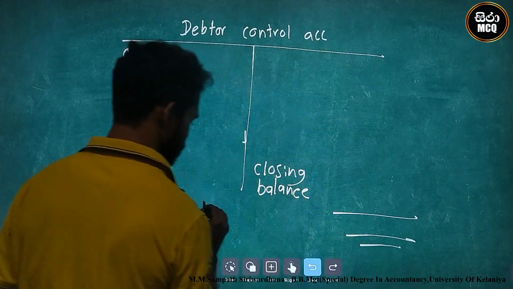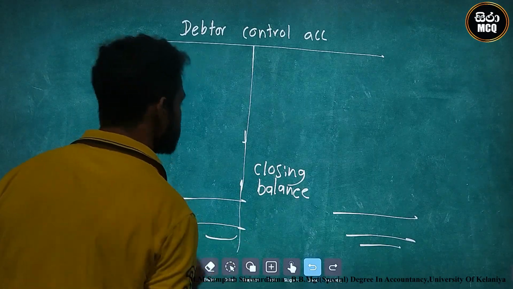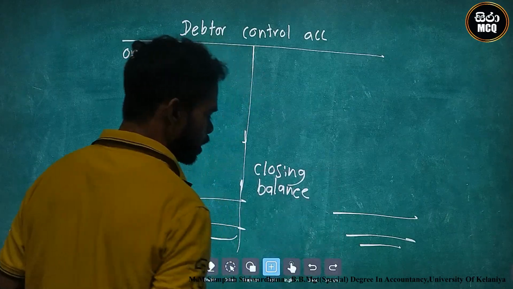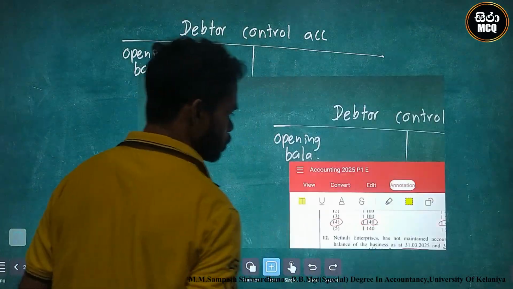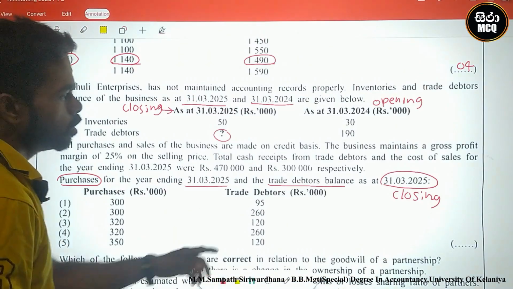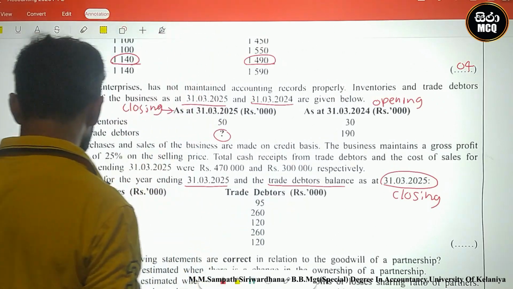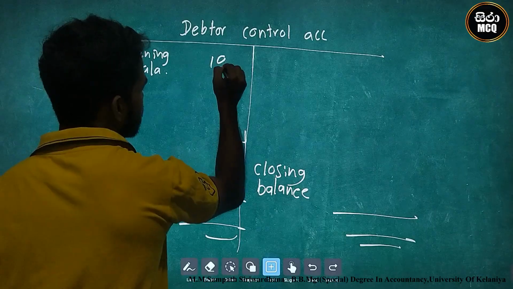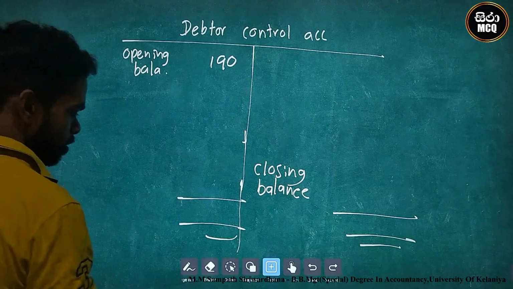This is the balancing figure. What is the opening balance? Opening balance is debit 190.